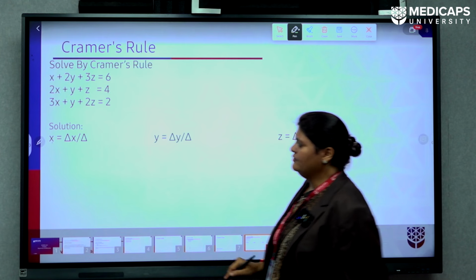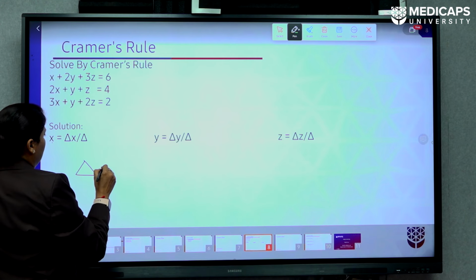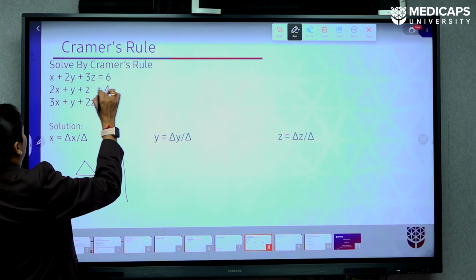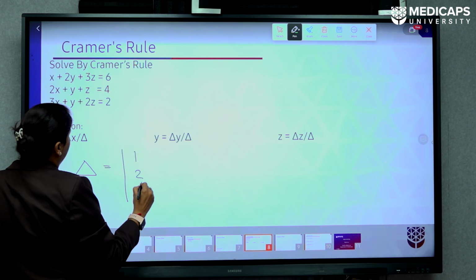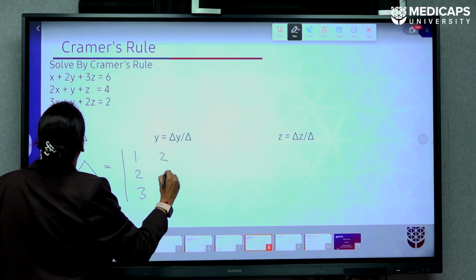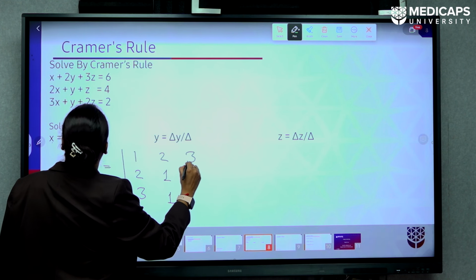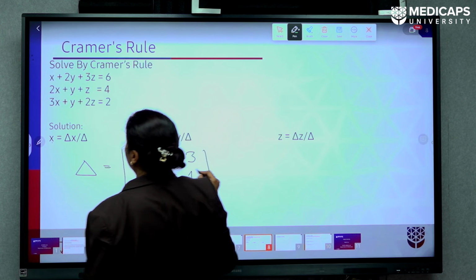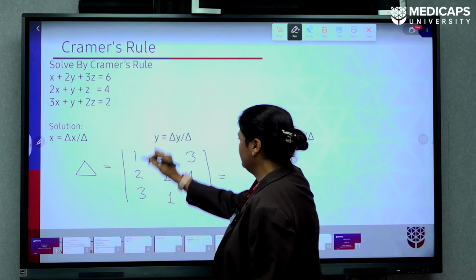So let us calculate first del. So del is what? As we have discussed earlier, del is the coefficients of x, y and z. So we'll find the determinant of this: 1, 2 and 3, 2, 1 and 1, and we have 3, 1 and 2. So we have written the coefficients of x, y and z. So let us solve this 3 cross 3 determinant.